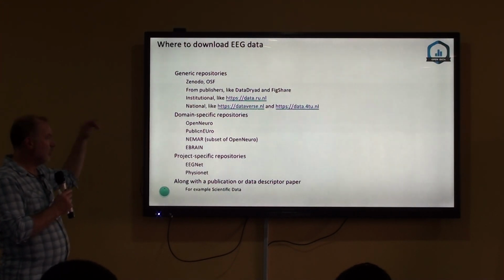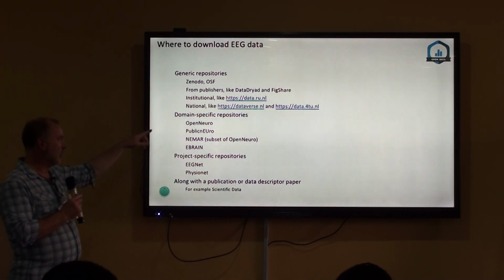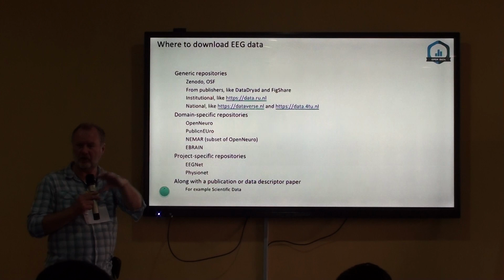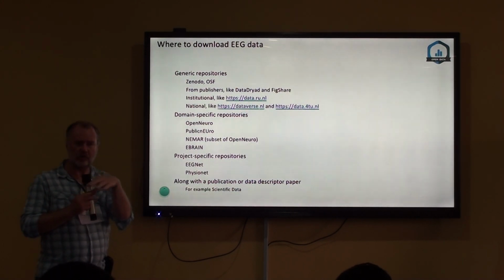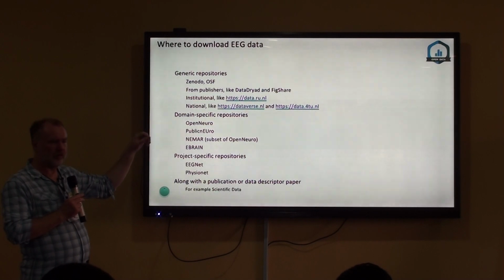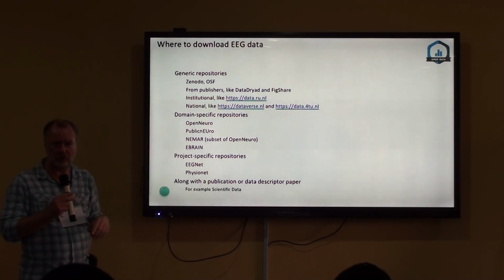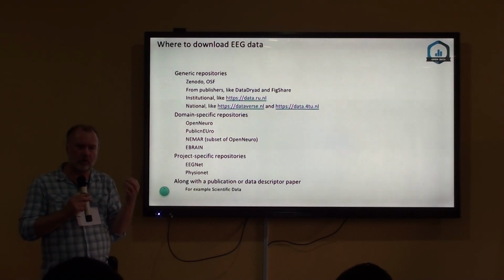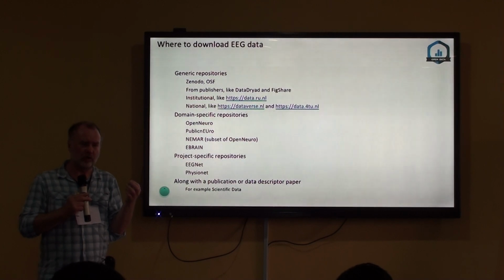And there are national repositories. In the Netherlands we have data.nl, a collaboration between a number of universities that do not have their own repository. And technical universities have their own data repository as well.